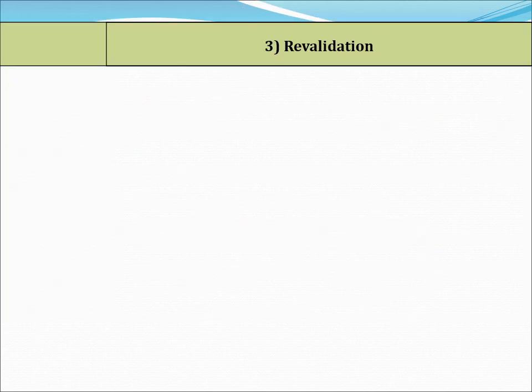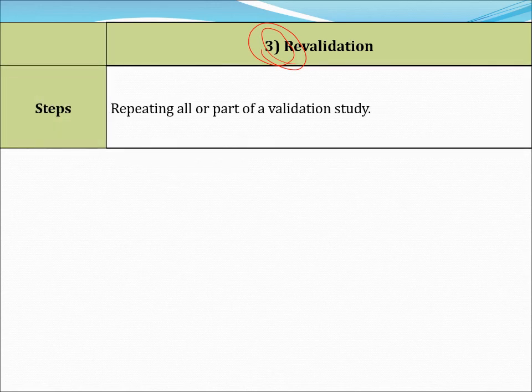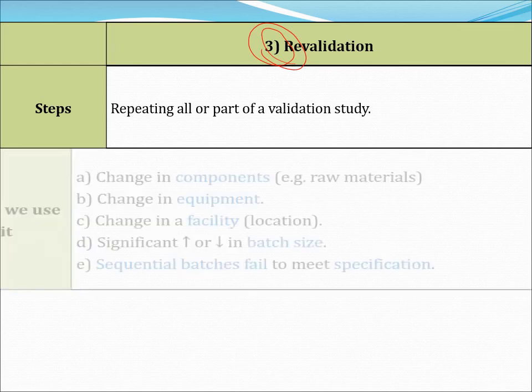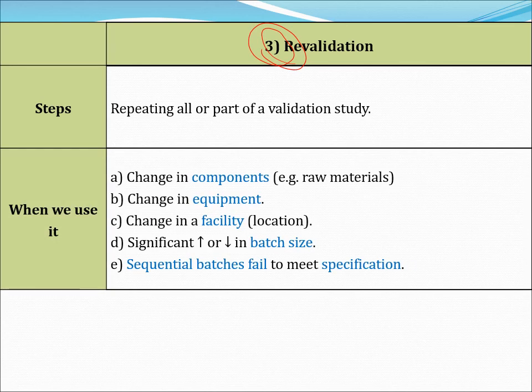The third type of validation is revalidation, and of course from the word revalidation, it means you will repeat a certain part of the total work of validation. You repeat it when something critical changes, like a change in a component or the raw material, or a change in equipment. Instead of a single punch machine, you purchased a rotary machine, or instead of the old rotary machine, you purchased a new one which may be better.